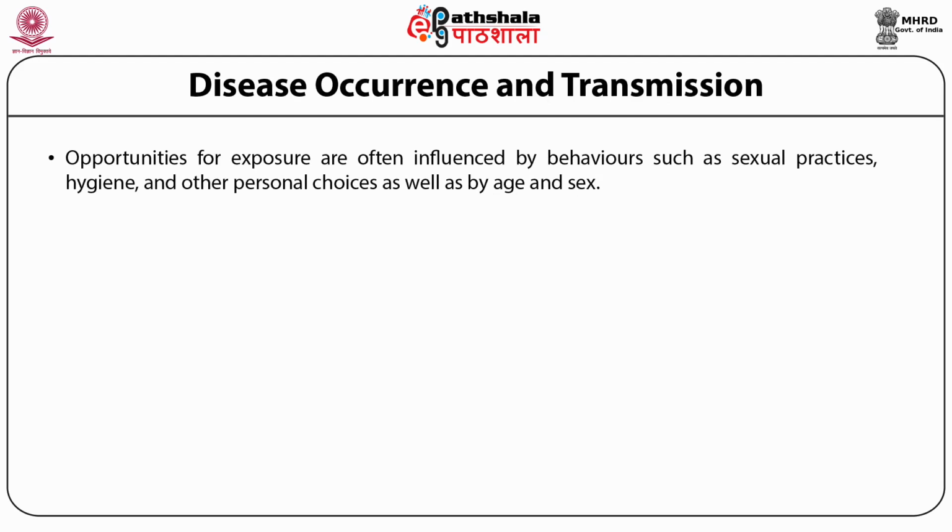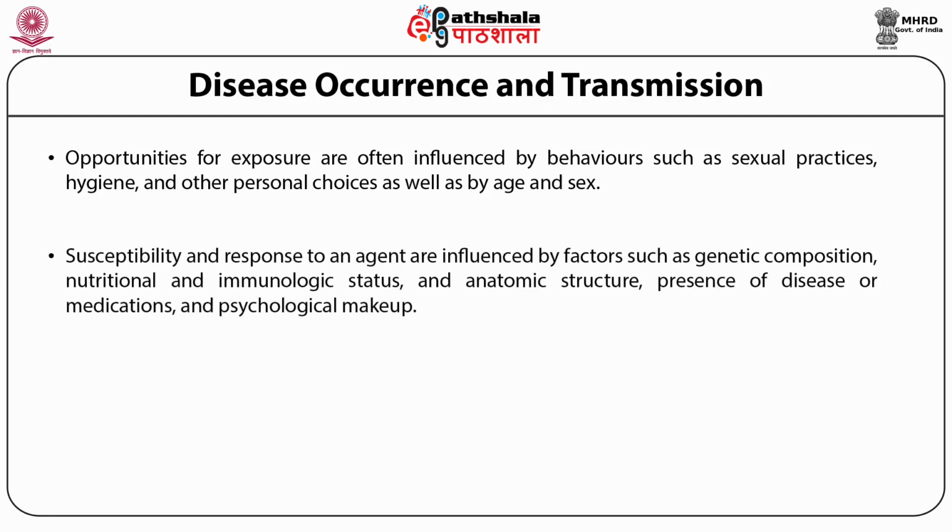Opportunities for exposure are often influenced by behaviors such as sexual practices, hygiene, and other personal choices, as well as by age and sex. Susceptibility and response to an agent are influenced by factors such as genetic composition, nutritional and immunologic status, anatomic structure, presence of disease or medications, and psychological makeup.